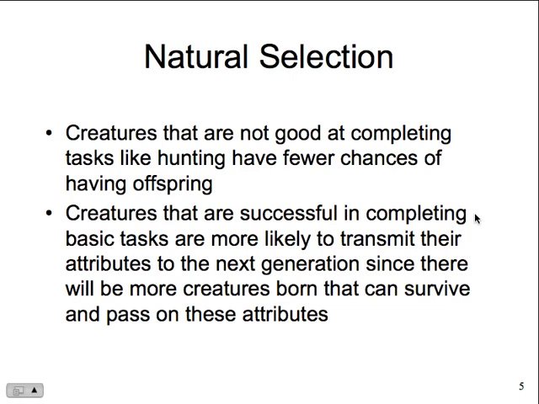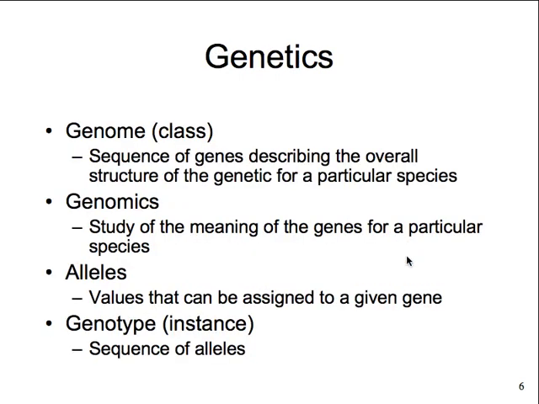That's a definition of what you are considering the best tasks in the best generation. Well, in nature, those are the ones who are going to survive, the ones who get food, water, the basic necessities. And so more creatures are born that can survive and pass on these attributes. If we kill off the old ones and keep the good ones, then those are the ones who are going to survive.